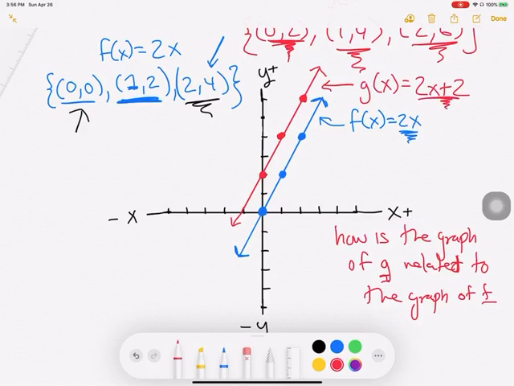So the f of x equation in this case doesn't have a constant, right? You can think about it as 2x plus 0. There's no constant. That's why it goes through the center. So any equation that doesn't have a constant is always going to go through the center. Whichever way this line looks, it can be a parabola or it can be a circle, right?